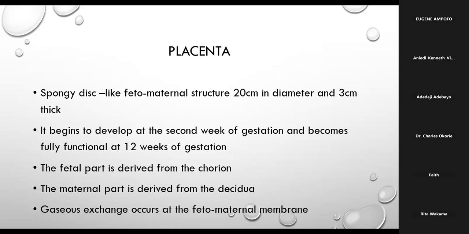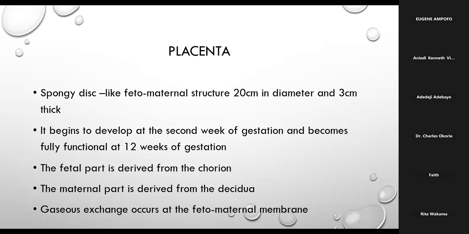It measures about 20 centimeters in diameter and 3 centimeters thick. Its development begins around the second week of gestation and is completed after 12 weeks. By 12 weeks, it becomes fully functional.